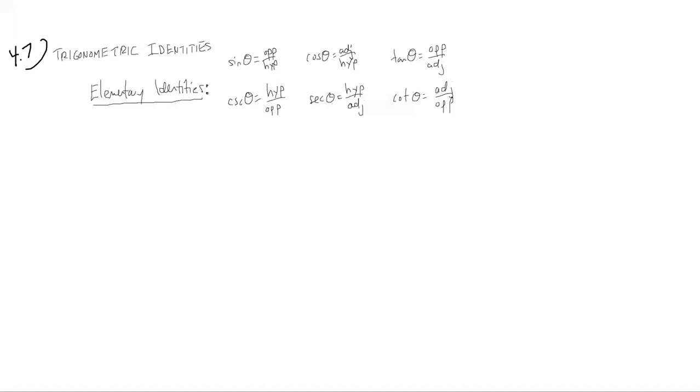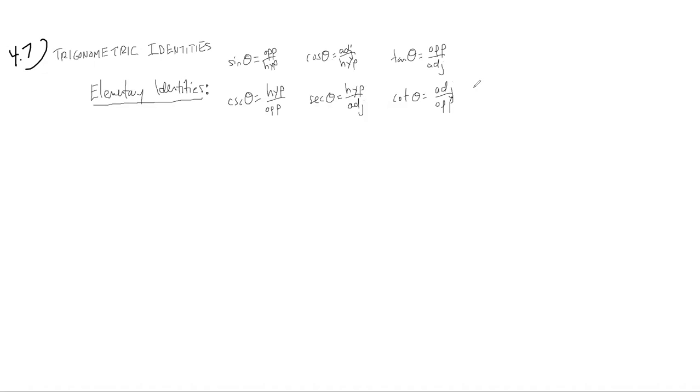We've already introduced the 6 trig ratios. We have the primary ones, sine, cos, and tan, and then the secondary ones, cosecant, secant, and cotan. And the idea with these elementary identities is basically everything can be rewritten in sine and cosine.